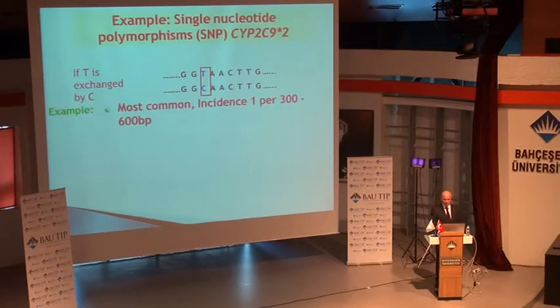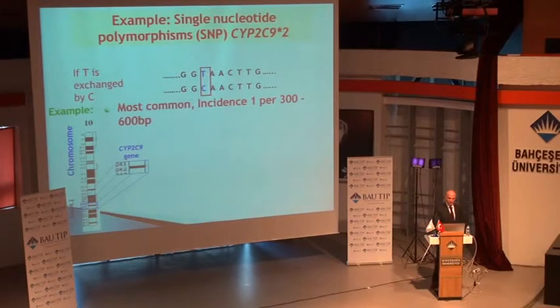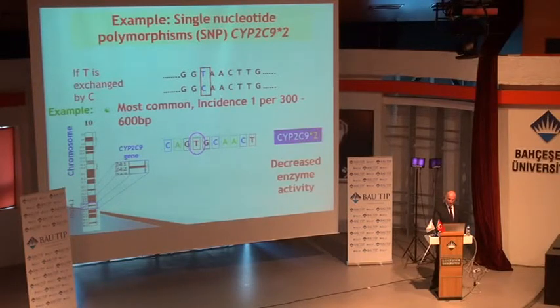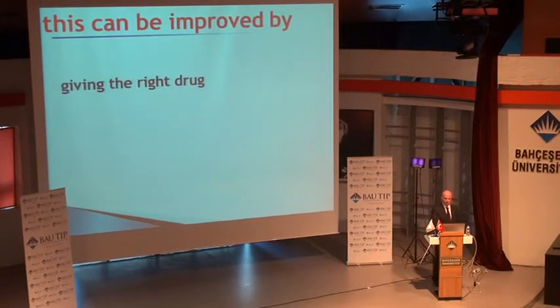So nobody knows. He takes the medication, but he doesn't know what happens. And at the end of the day, it's just the exchange of one of the bases, which at least has a different protein and a different 2C9. Exchanging the C for the T decides if there is a normal or decreased enzyme activity.